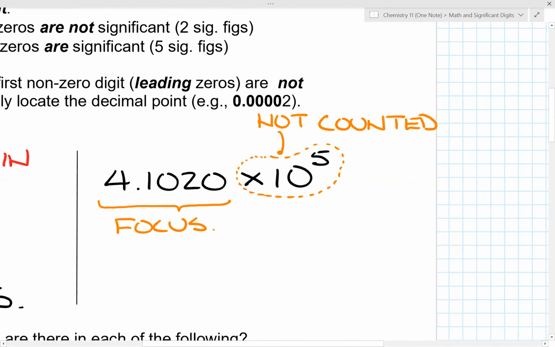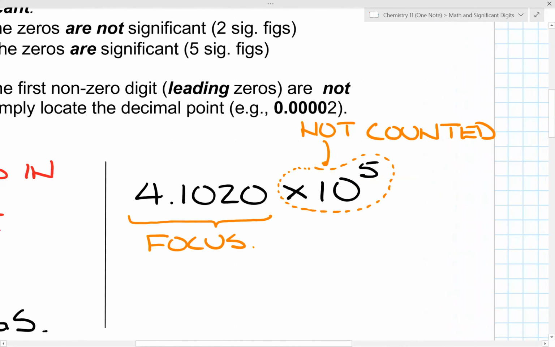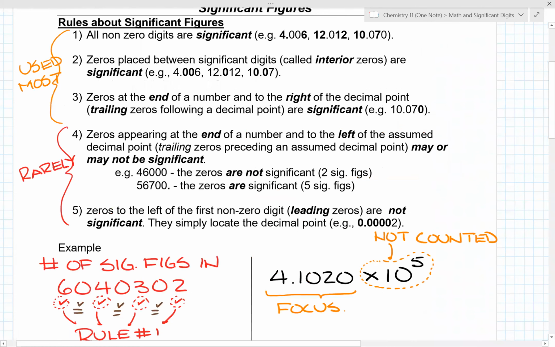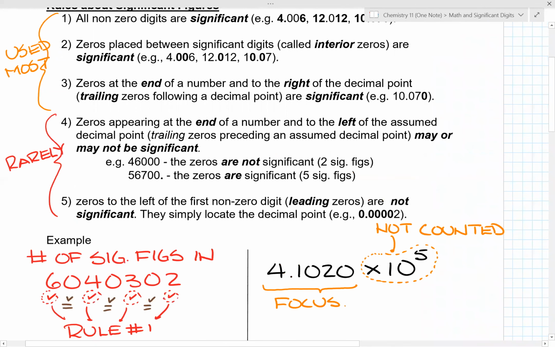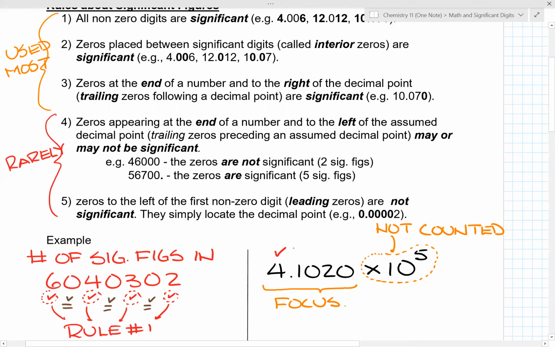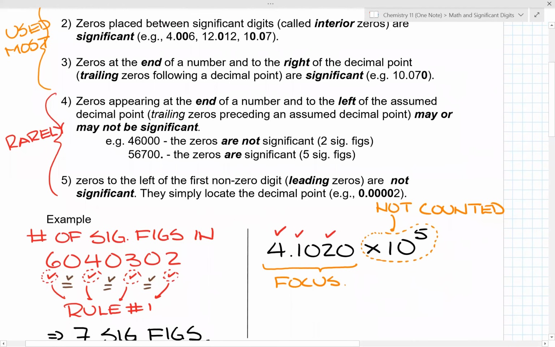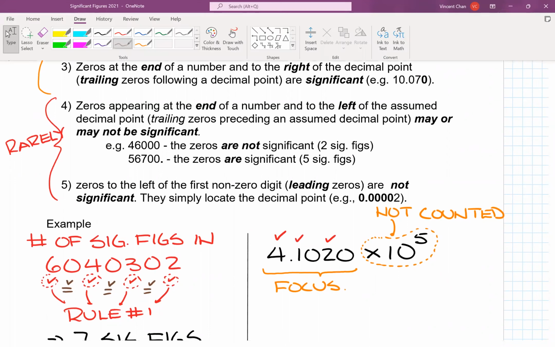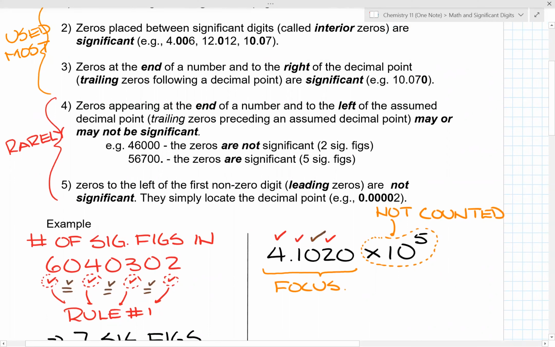Again, we go through rules numbers 1, 2, 3, 4, and 5. Rule number 1 says all non-zero digits are significant, or important. So that's the 4, the 1, and the 2, just like our last example. Rule number 2, zeros placed between significant digits: the 0 in between the 1 and the 2 is considered important.